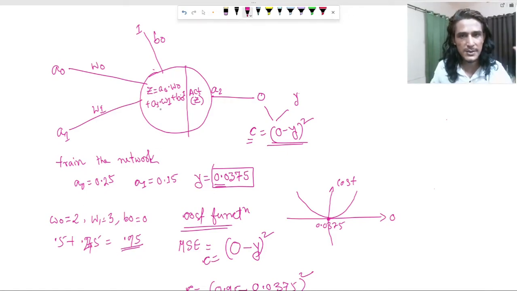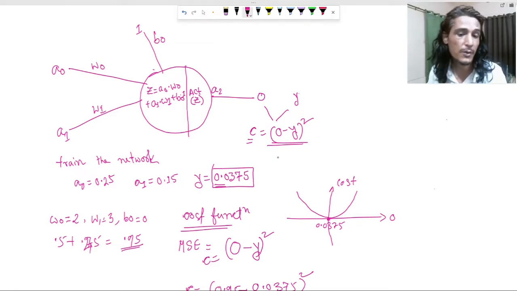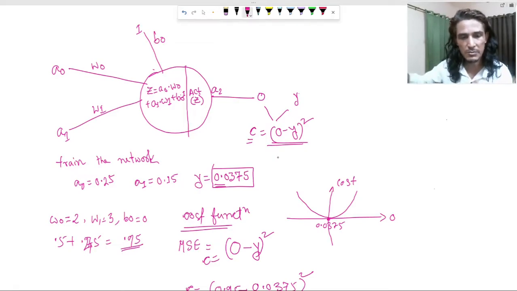It takes the weighted sum of its input, passes that weighted sum through an activation function, usually a non-linear activation function, and generates the output of that activation function as the output of that neuron. Then that output becomes the input of some other neuron. The same thing goes on till the output layer, where we compute the cost that we want to minimize. So the same approach is taken.